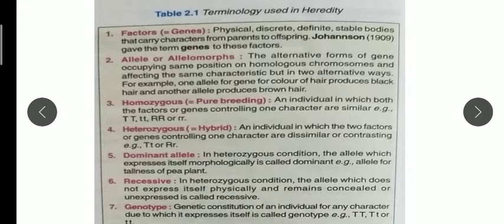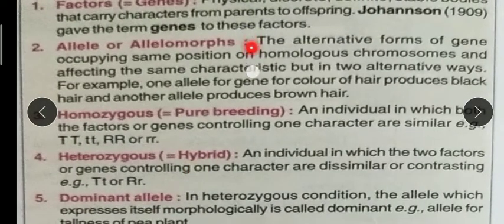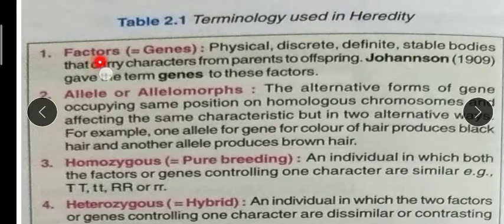So you are all familiar with the genes that are present in the nucleus of a cell. Mendel used the word factors for the genes. So you can say genes, you can say factors. So what are these genes or factors?